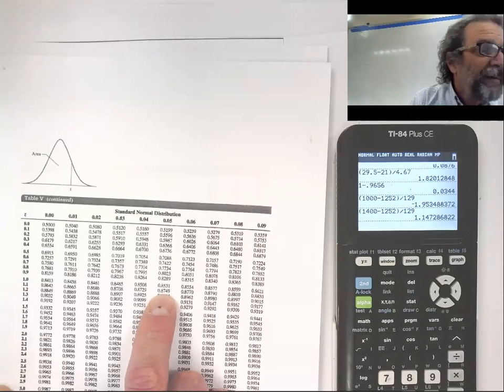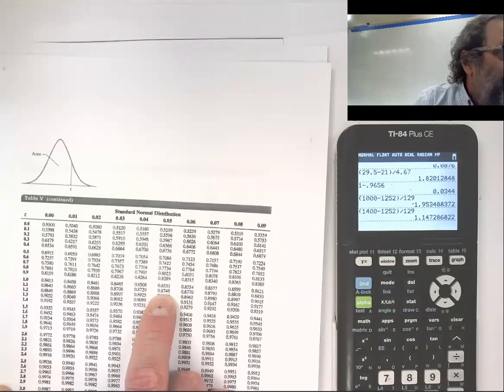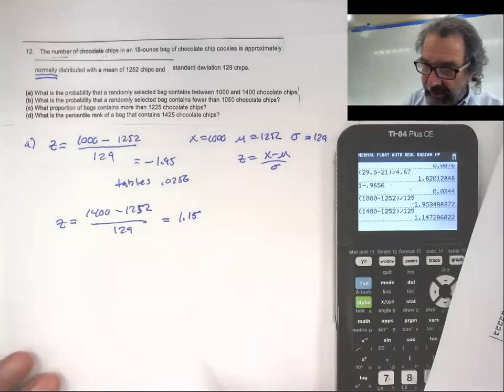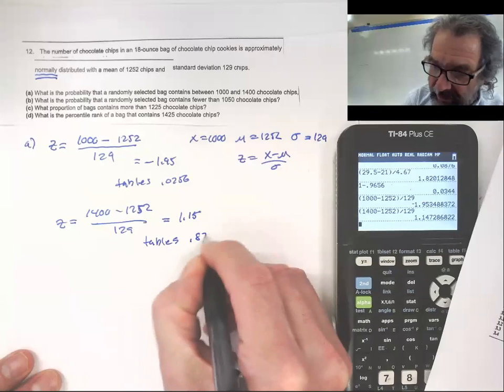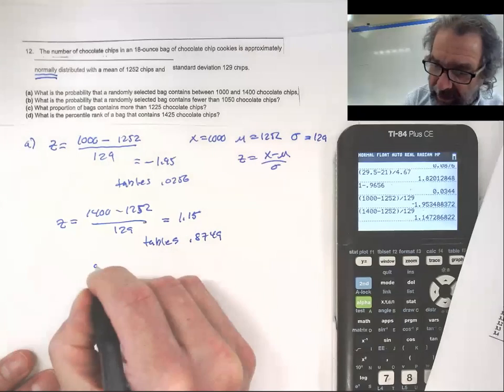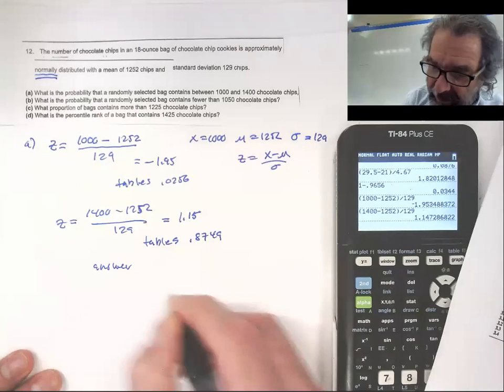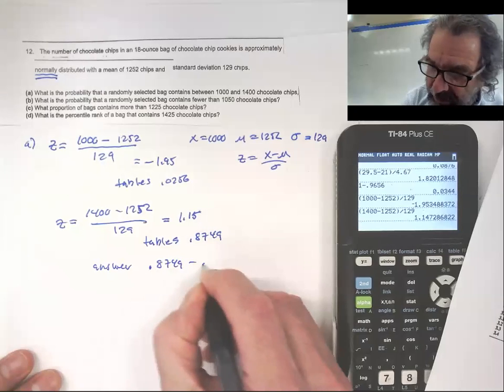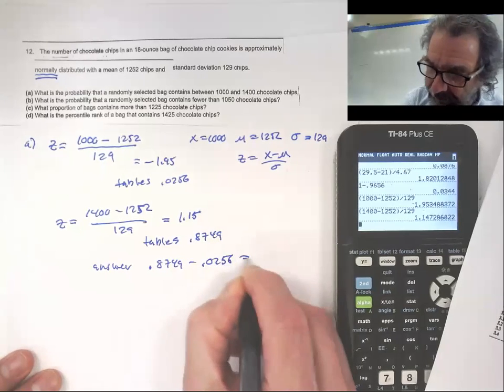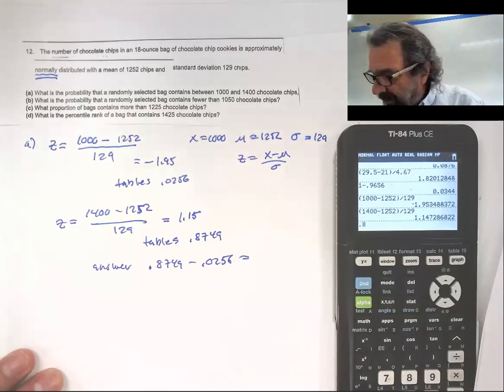So that's the proportion of the area, or the probability of being less than that, 0.8749. And then the answer for being between, you have to subtract those two areas, 0.8749 minus 0.0256.